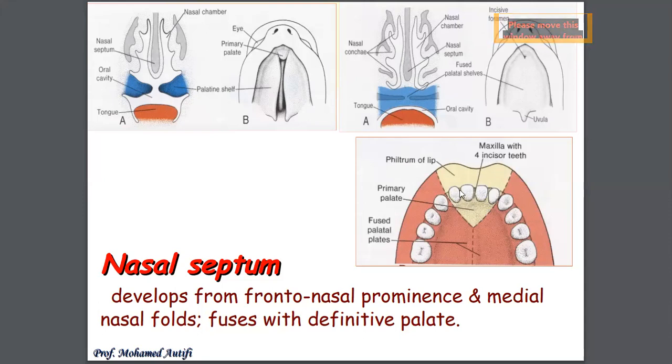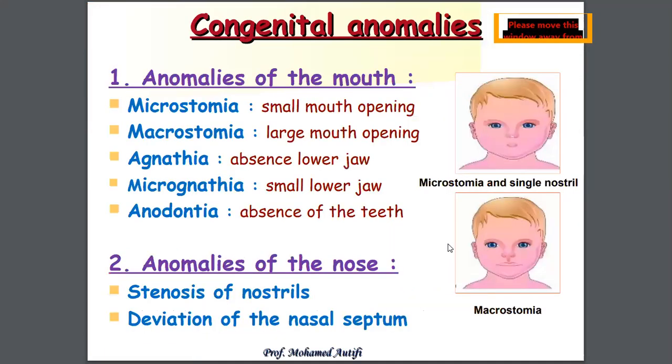That is the philtrum of the lip and the primary palate with four incisor teeth. The rest of the area, formed from the shelf-like palatal processes from the maxilla, forms the secondary palate.